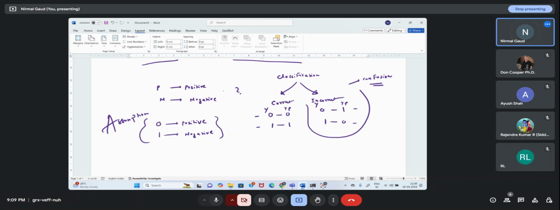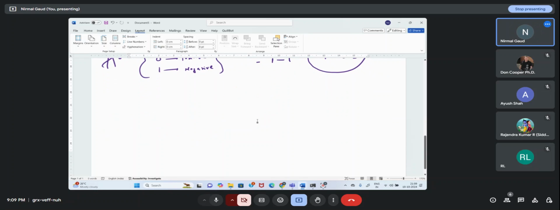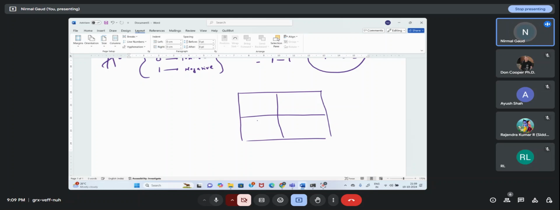Okay. So in order to draw this outcome, we can make a matrix. Right now we are talking about binary classification only. We are having 0 and 1 as outcomes. Here also write the same thing, 0 and 1.